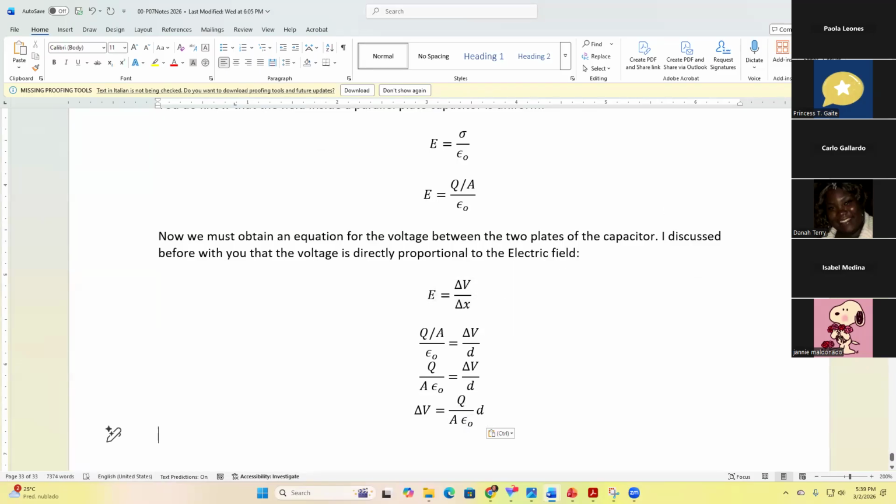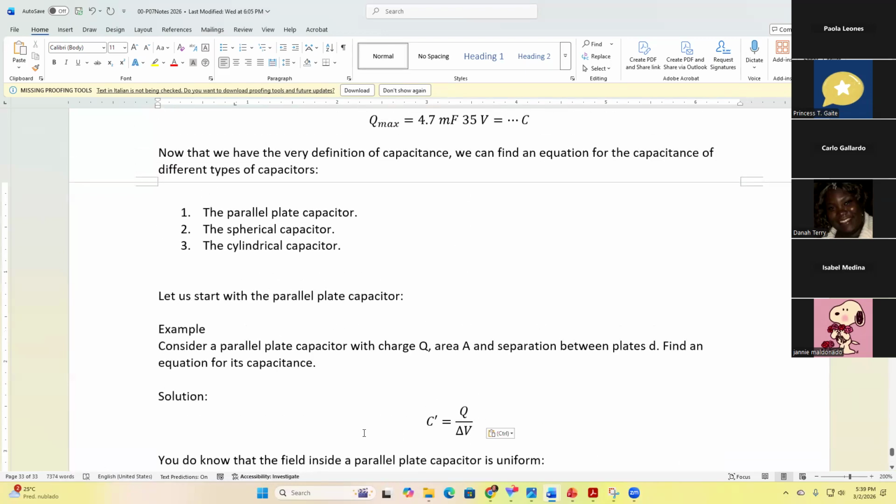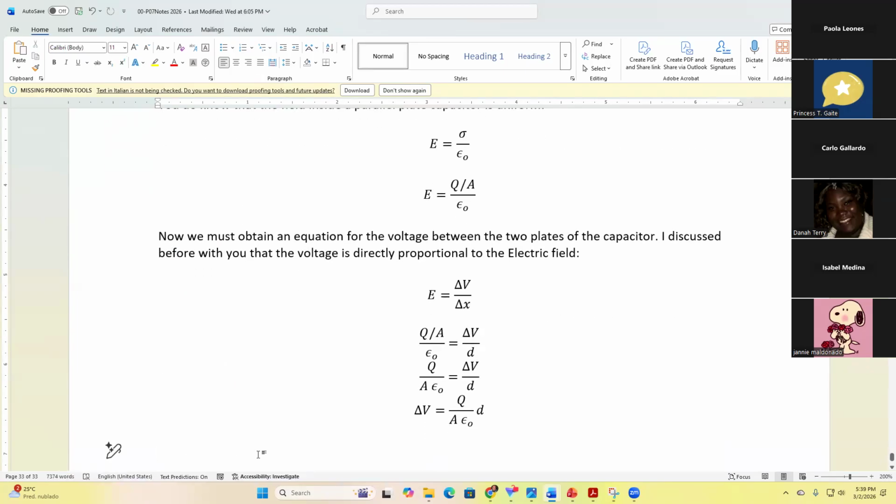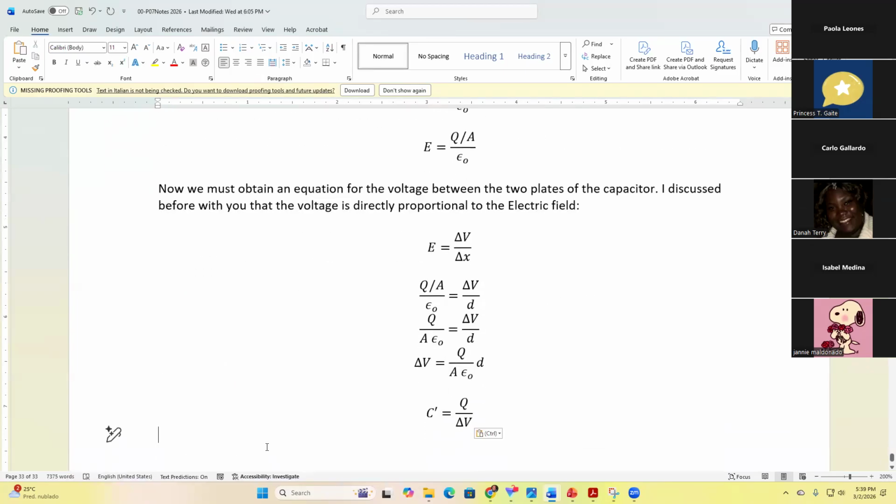We can substitute it into the generic capacitance. I'm going to substitute delta V right in here, and look at the interesting thing that happens.